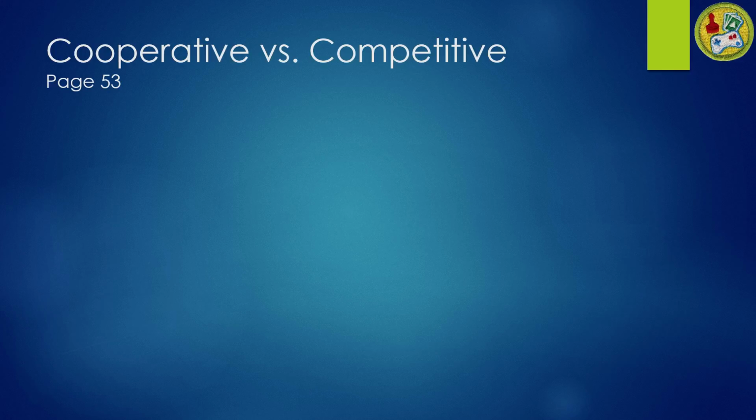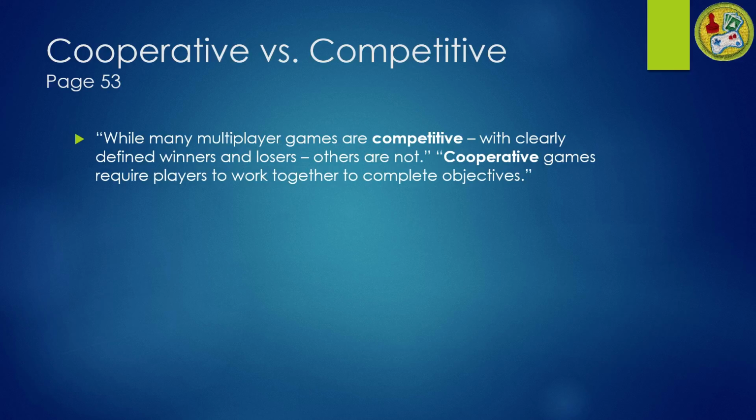Okay, how about cooperative versus competitive on page 53? While many multiplayer games are competitive with clearly defined winners and losers, others are not. Cooperative games require players to work together to complete objectives.